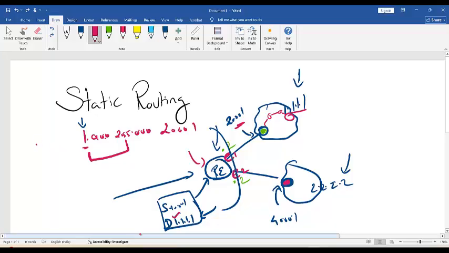The command goes like this: ip route. IP route means route all the IP packets that want to go to one network to this guy. It will deliver the packet here. And we need to write another static route, right? ip route.